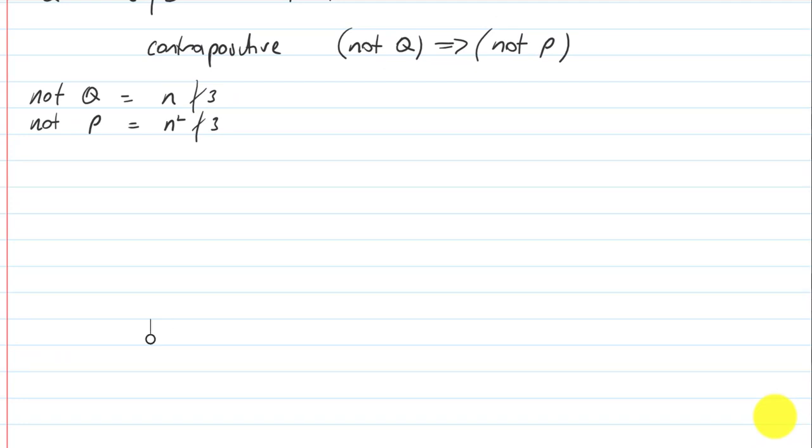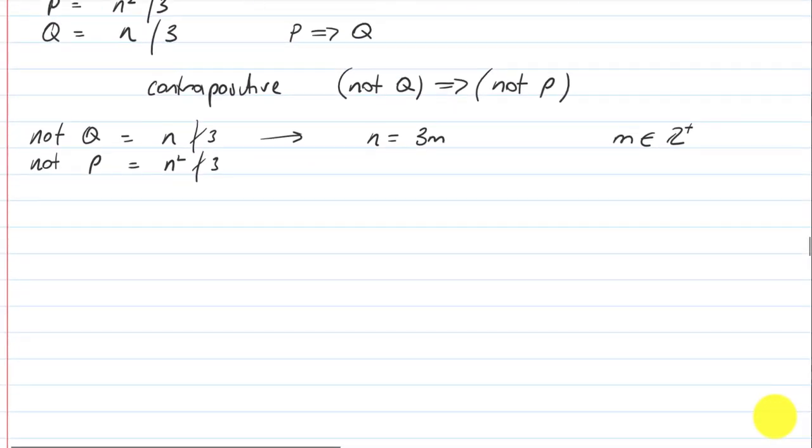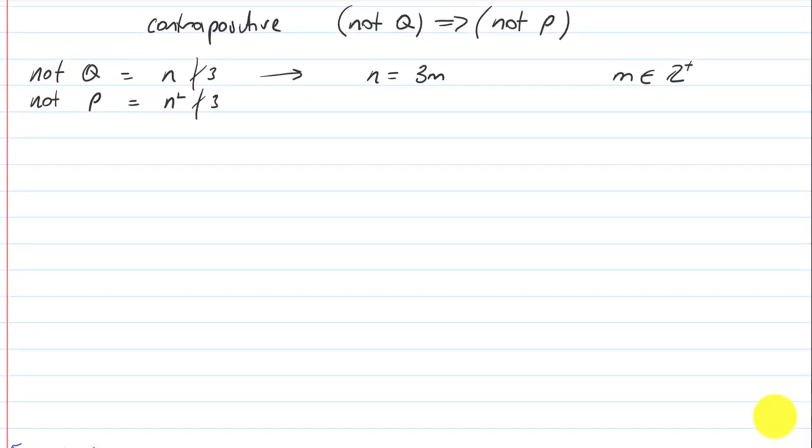Basically, if n is not divisible by 3, and this goes along with our odd-even kind of concept, then n equals 3 times some number m, where m is also a positive integer. Remember, we talked about positive integers here. n is 3m plus 1, or n is 3m minus 1.